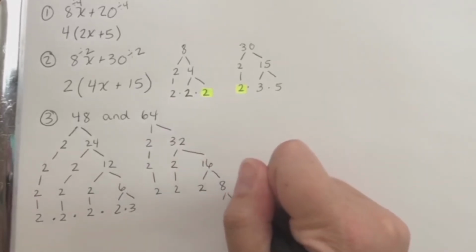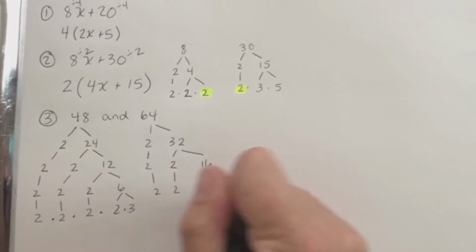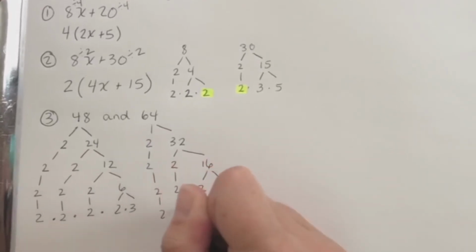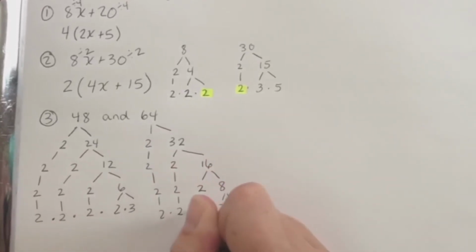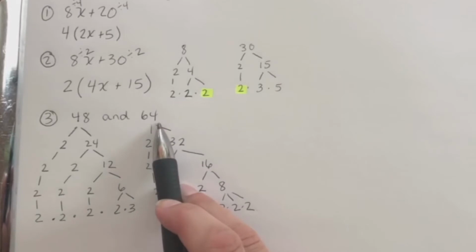And I already know that 8 is 2 times 2 times 2. It's 3 2s, so I'll just skip an extra layer there. So 2 times 2 times 2 times 2 times 2 times 2 is 64. 1, 2, 3, 4, 5, 6: 6 2s. 2 to the 6th power is going to equal 64.